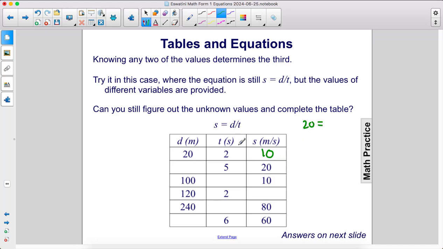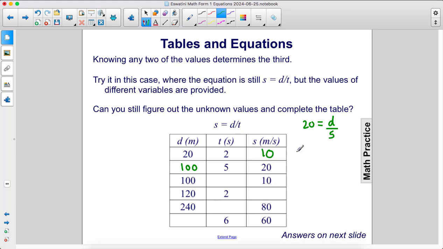And we know that must be equal to d, which we're looking for, over t. And t is 5. So what divided by 5 is equal to 20? Okay, well, 100 divided by 5 is equal to 20.